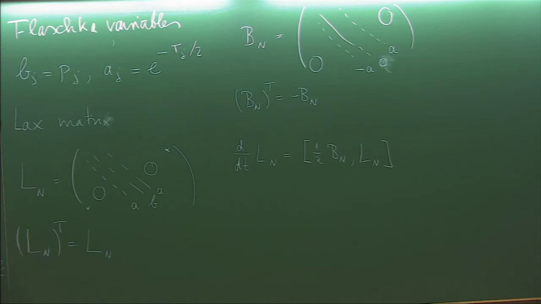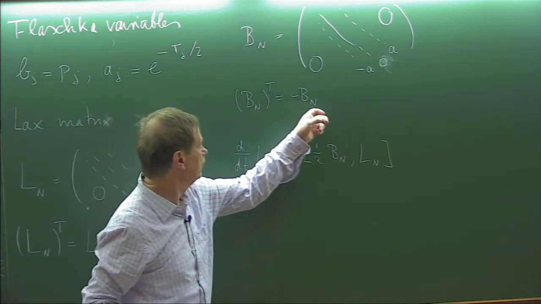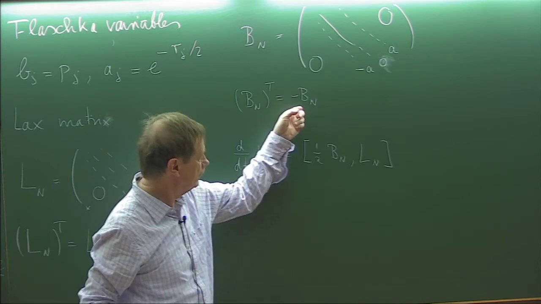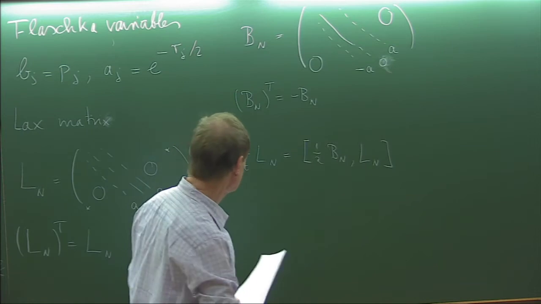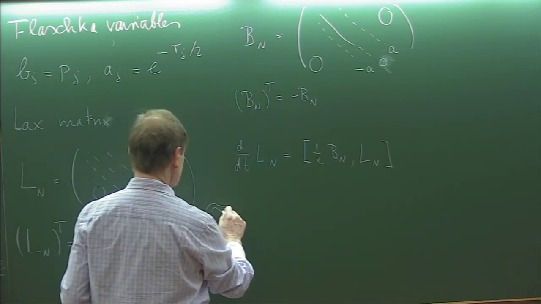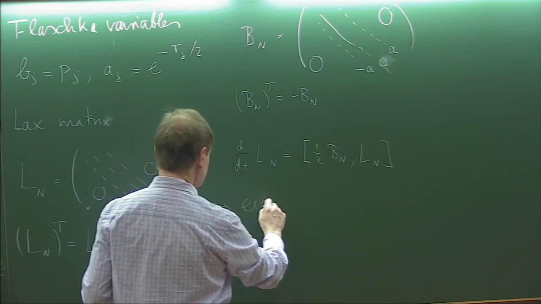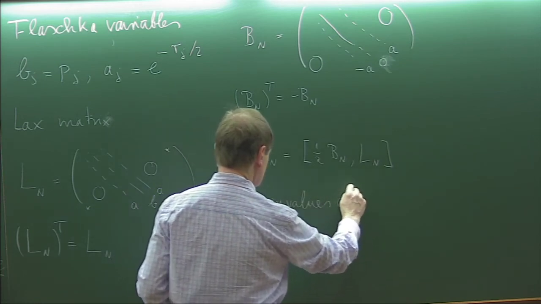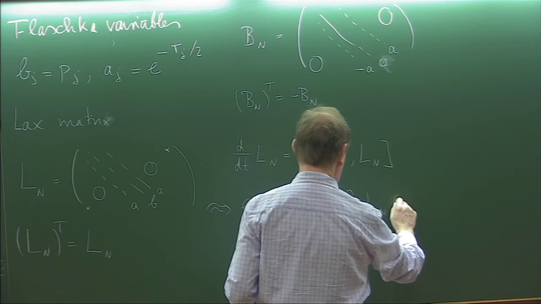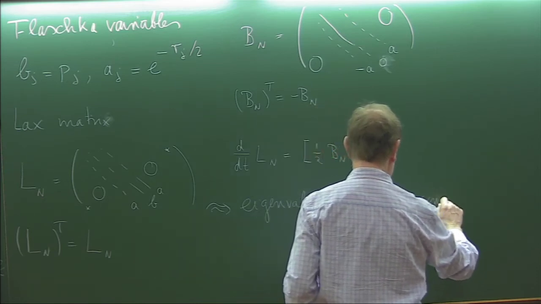Now, why is it useful? Well, you see, this is anti-symmetric, and of course it's all time dependent. But from this, it follows that the eigenvalues of Ln are conserved.